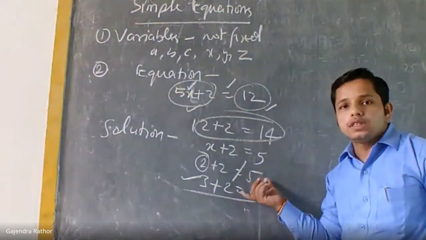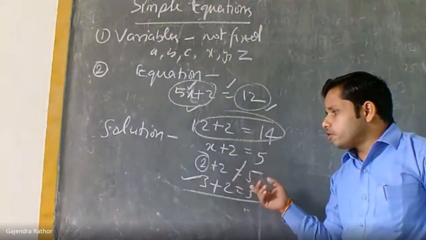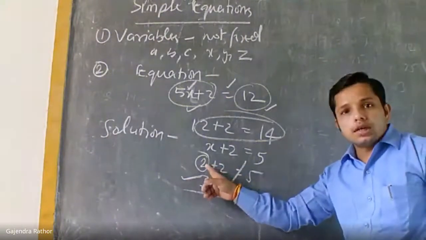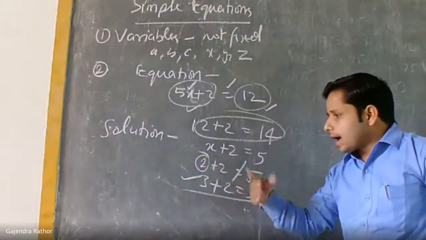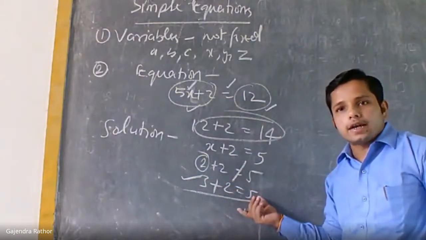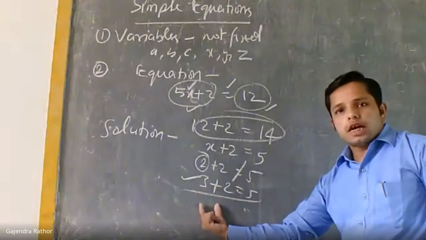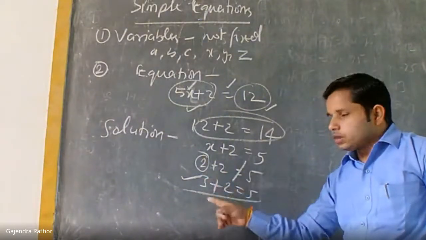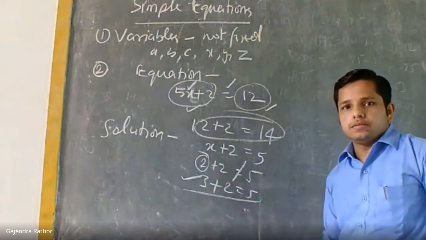We know obviously this is wrong, 2 plus 2 is equal to 4 and 4 is not equal to 5. So 2 is not the solution. Again I put 3, 3 plus 2 is equal to 5. Yes, this is correct. The value of this side is also 5 and the value of this side is also 5. So in this case 3 is the solution.